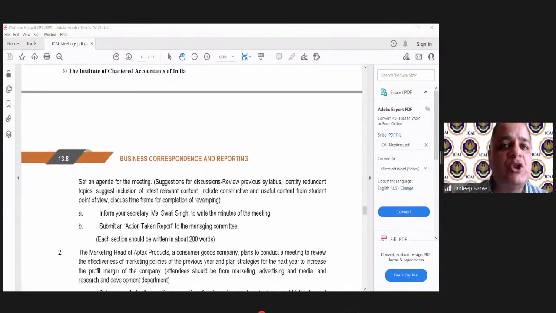First the action happens, then a report is written about it. You cannot say in the action taken report that this we will do, this can be done, this will be seen. Either you have done or not done. If you have not done, why have you not done? Right? Please understand. Please have a relook at your ICAI study material.